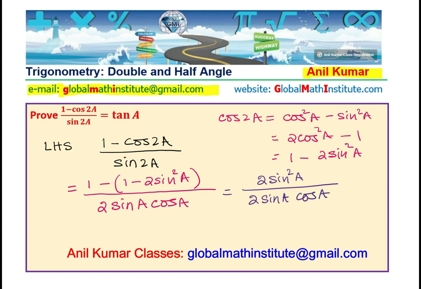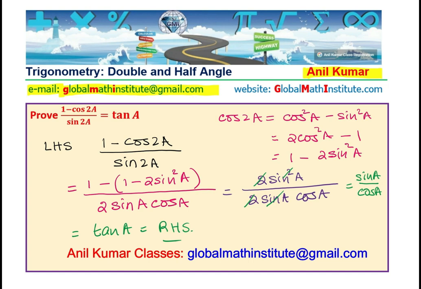And clearly, you have 2's cancelling away, 1 of the sine cancelling away, and what remains is sin A over cos A. So which is tan A, correct? Which is the right hand side. And that is how you prove this particular identity.